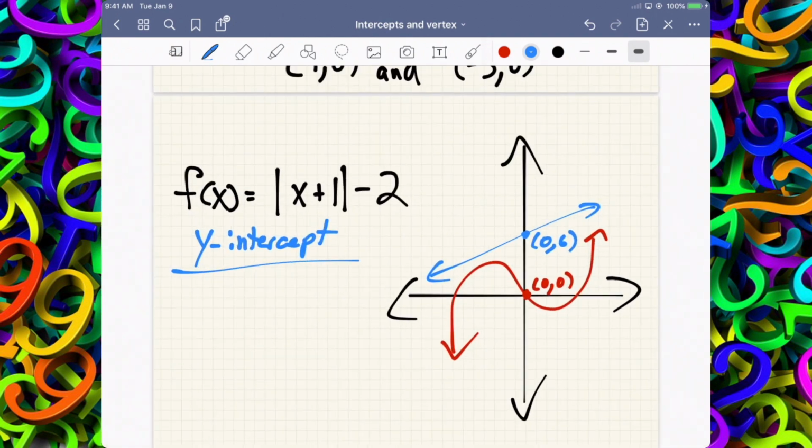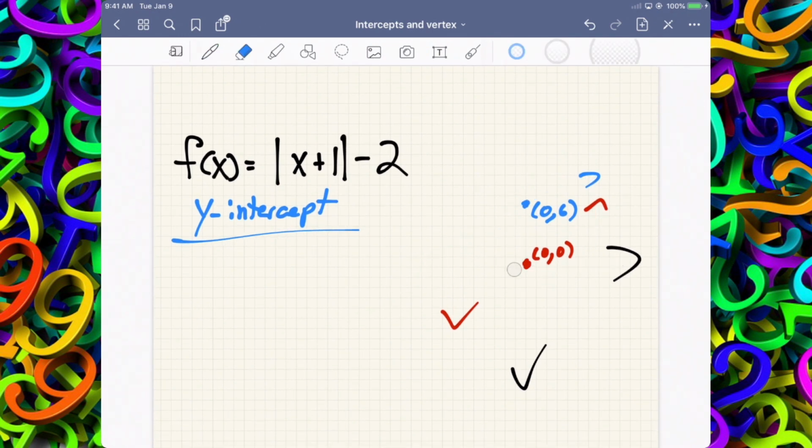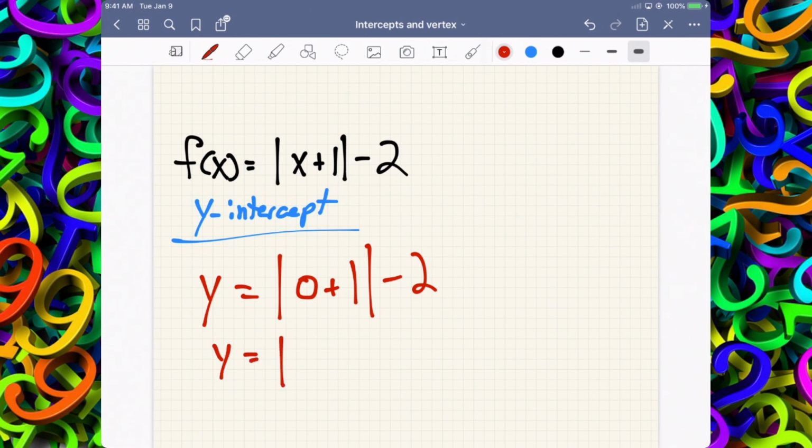So when we find our y-intercept, that's what we're going to do with x. We're going to plug a 0 in for x. So let's begin that. We have y, remember f of x is y, equals the absolute value of 0 plus 1 minus 2. So we just need to simplify. We get 0 plus 1 is 1.